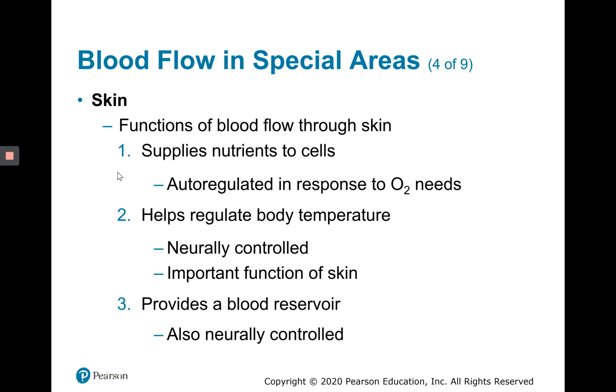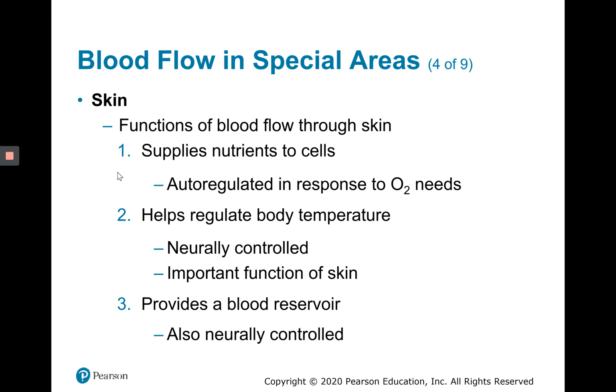Our next special area to examine blood flow in is the skin, and the skin has a couple of various functions when it comes to blood flow. For example, blood flow in the dermis is supplying nutrients to cells, for example, of the epidermis, because epithelial cells do not have their own vascularization. And this is just autoregulated in response to oxygen needs, so it's going to be metabolically autoregulated.